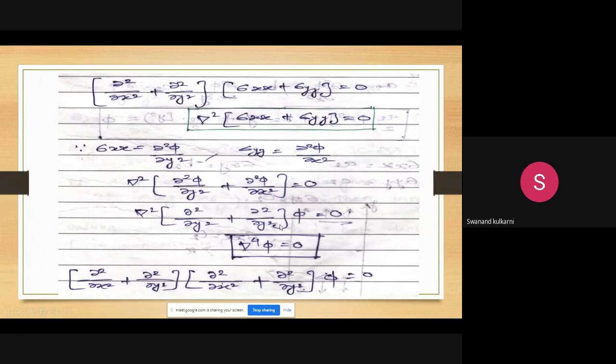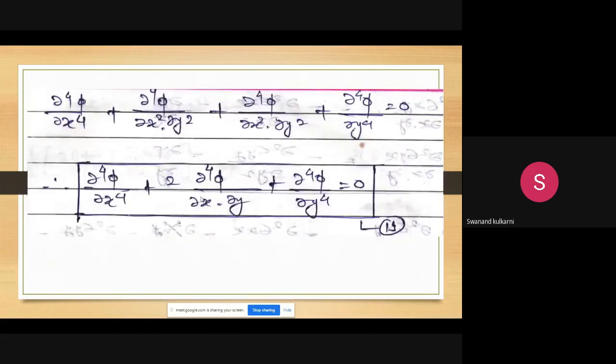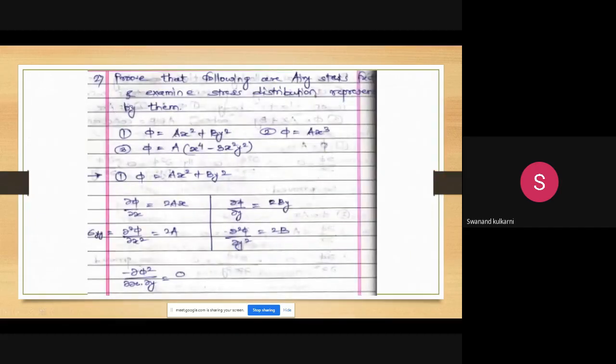So we have proved this concept, and for that purpose we used the previous concepts related with the equilibrium equation, then the relation between the elastic constants. With this Airy stress function, last lecture we have seen how to solve a few examples.